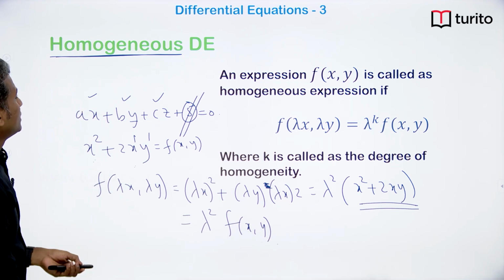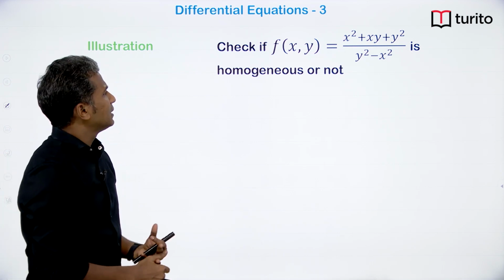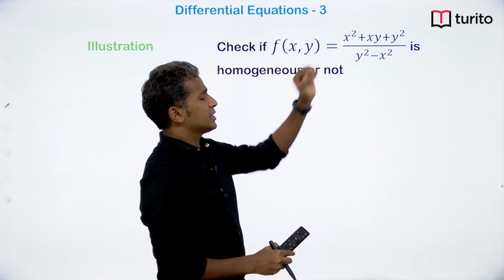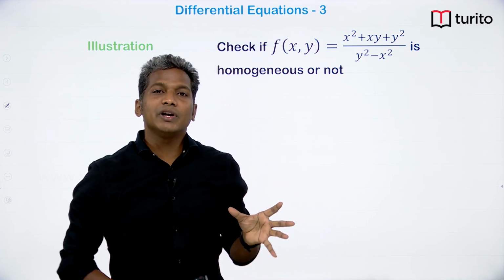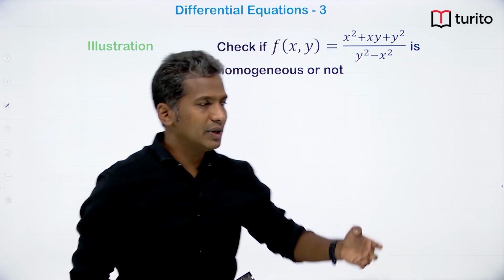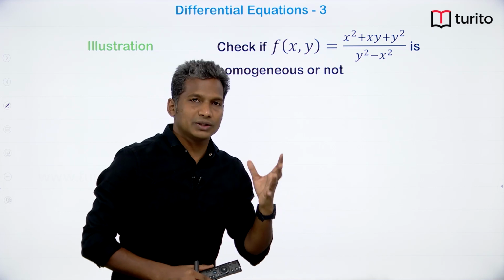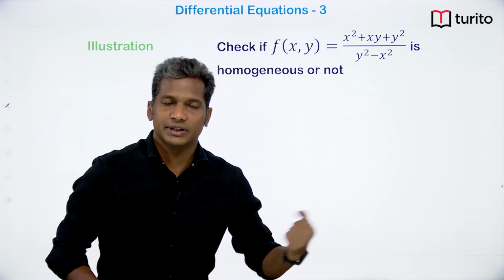Okay. Now, let us look at some examples of these homogeneous expressions. Suppose I have taken an expression like this. See, every time we may not get one single numerator term, we may get a denominator also. And here also the expression may become homogeneous.